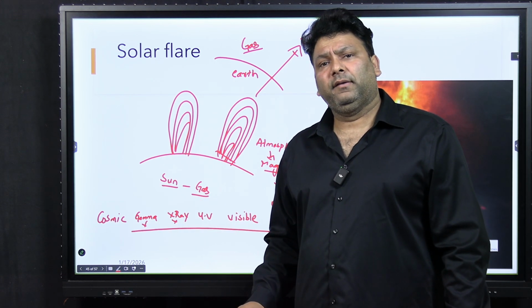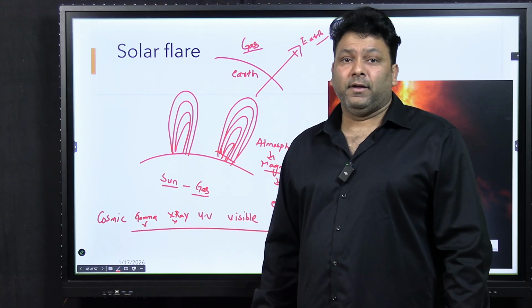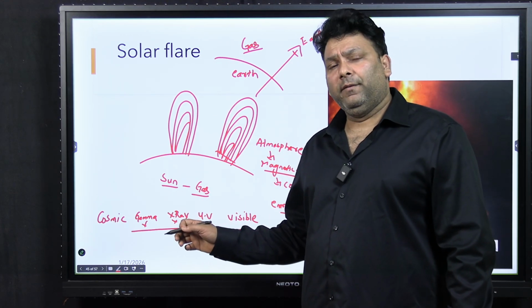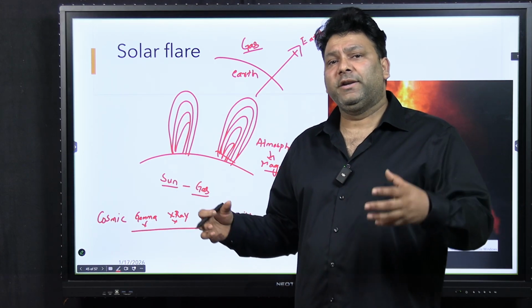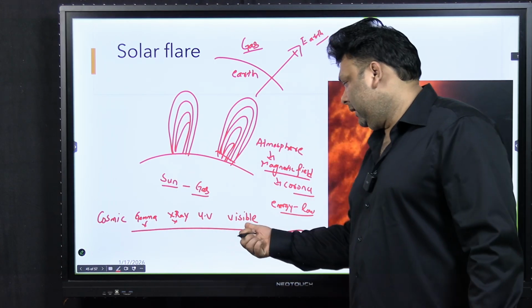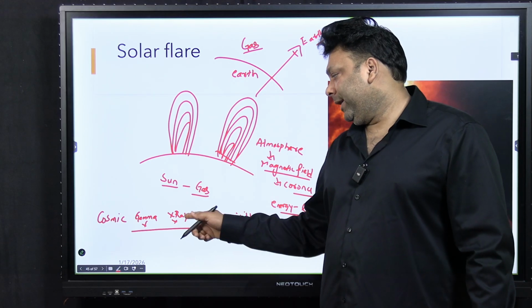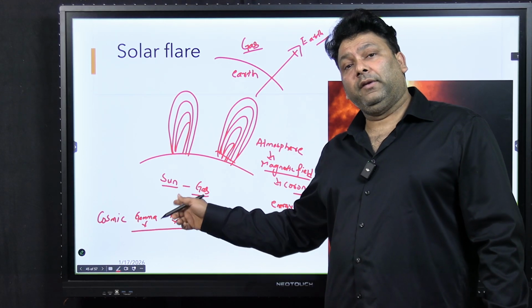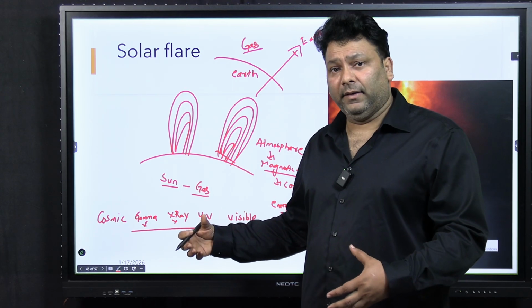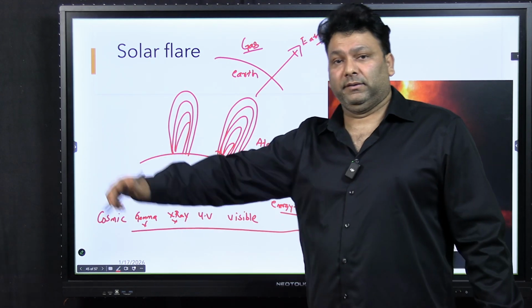For example, you have this AstroSat. The AstroSat will not be looking at supernova and the merging of black holes or neutron stars in the visible spectrum. It will be looking in X-ray and UV spectrum. So if you want to see higher energy incidents in the universe, you have to shift towards this.